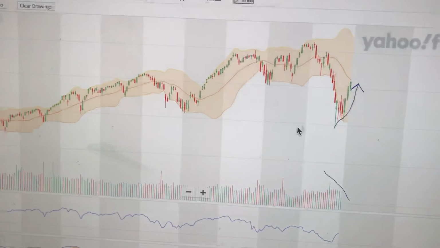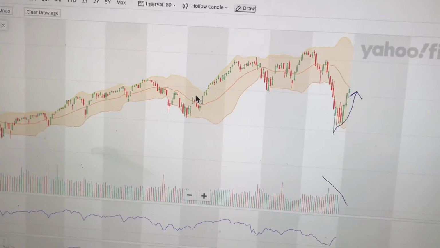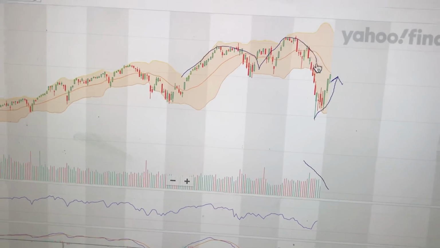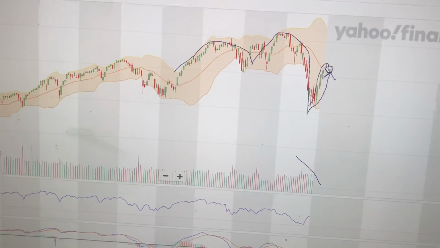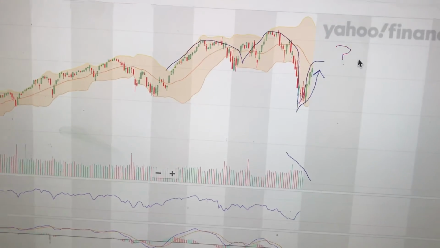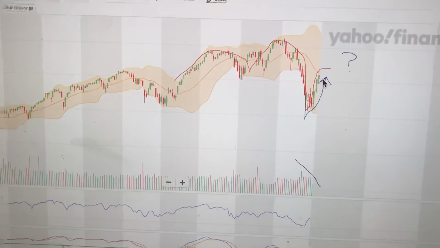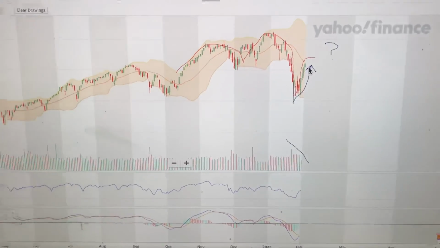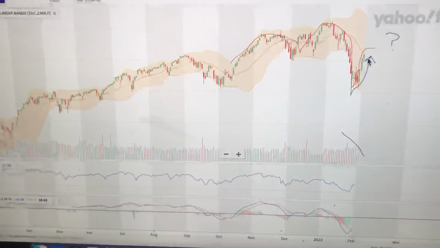And we have what appears to be a sort of head and shoulders pattern as well, and we're in what is perhaps the right shoulder.